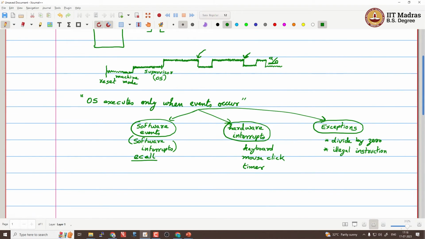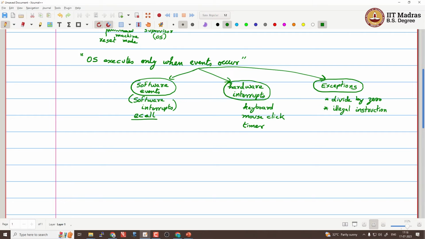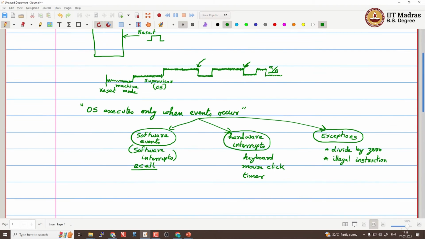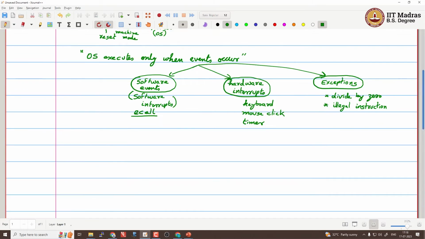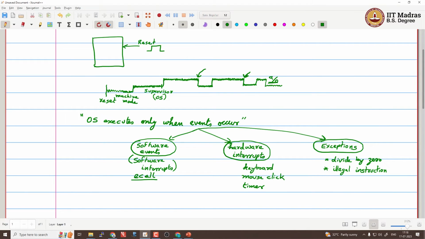So how does it work? There are a couple of things that the OS needs to know once it starts executing. We know that after booting, after it starts the user process, the only time it executes is when one of these events occurs.